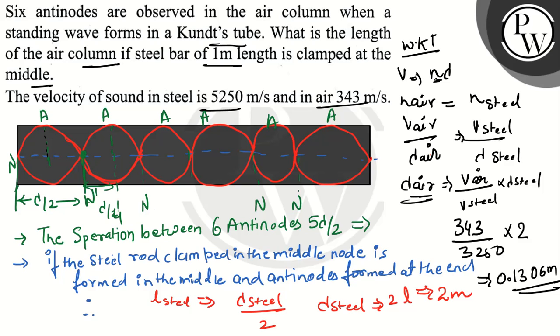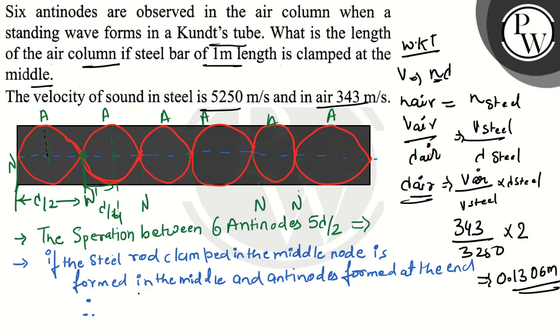Okay, so what is L air? L air is equal to 3 into lambda, which we have already found.